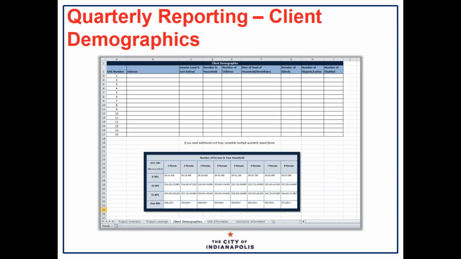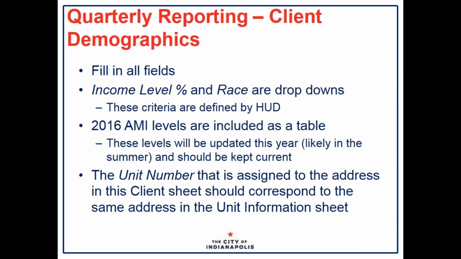And then the box at the bottom is just a reference for the income caps for each section for the 30% of the average median income for different size households. So that's just for reference. You don't need to do anything to that part.